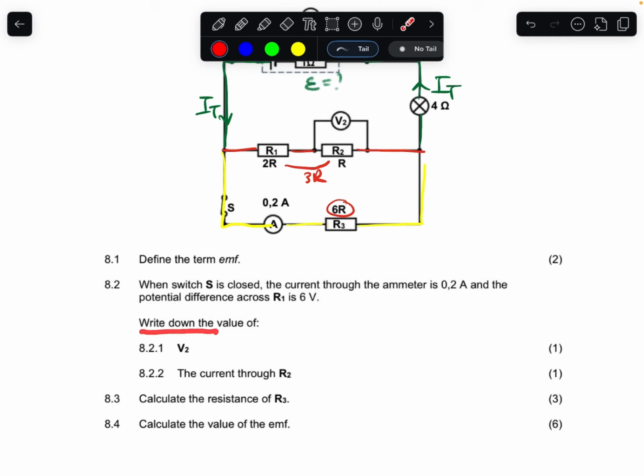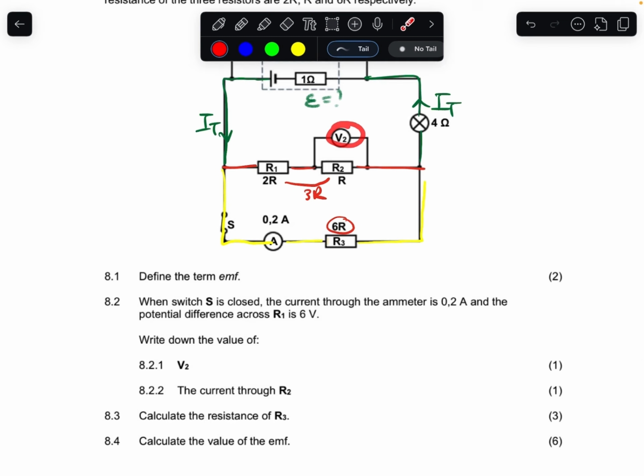Now it says here, write down the value of V2. Where's the V2? The value of V2 is this one, right? We're told that for R1, the voltage here is 6V. And then if you can see, the resistance here is 2 times the resistance of this one, right?